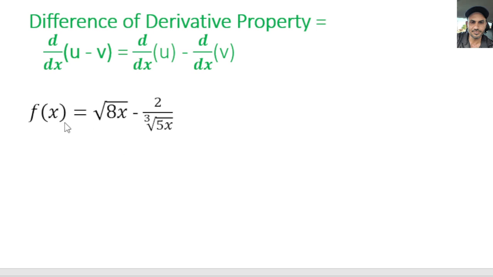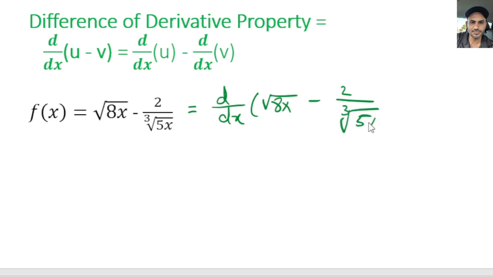So this is our example function, and we are going to use this property to solve this one right here. So when we take the derivative of this function, it's going to be equal to d over dx of square root of 8x minus 2 over cube root of 5x.